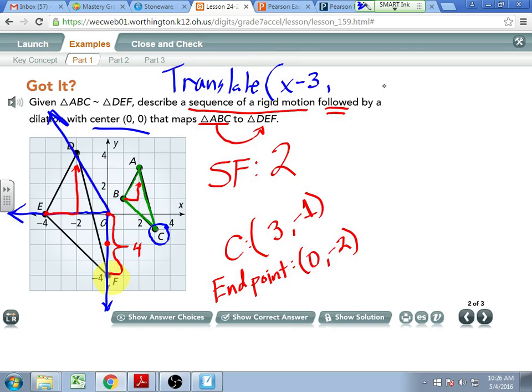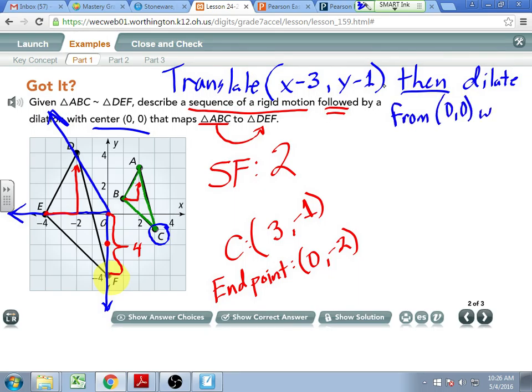Y goes from -1 to -2, so y has to go down by 1. Then dilate from (0, 0) with a scale factor of 2.